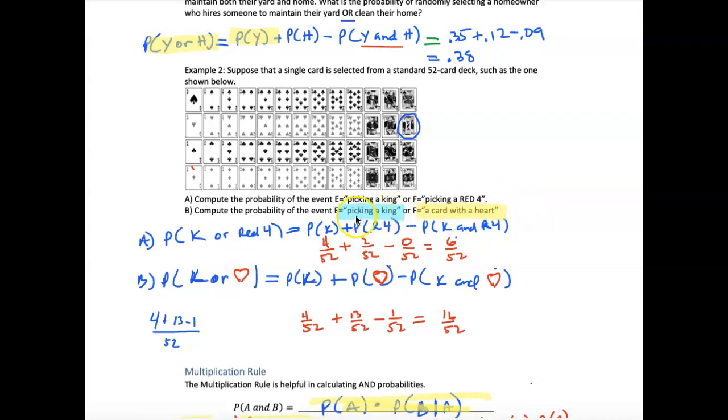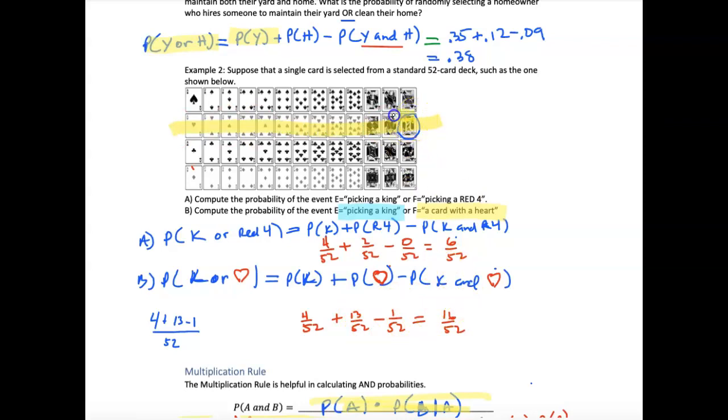Versus this other question, which is, what's the probability of picking a king or picking a card with a heart? And so we do notice the probability of picking a king or a heart. You find the individual probabilities, 4 out of 52 for a king. There are 13 hearts, as you will see across the top right there, 13 hearts out of 52.